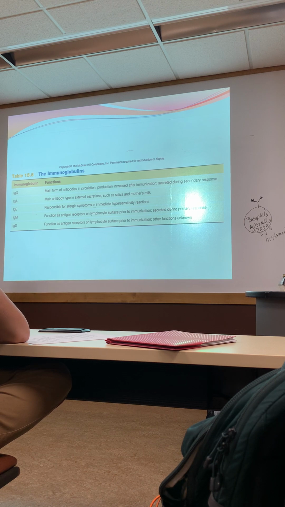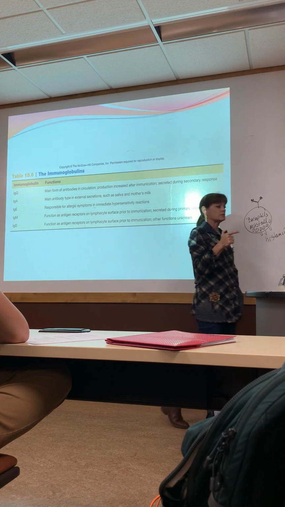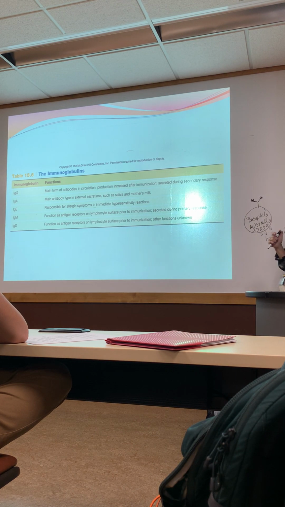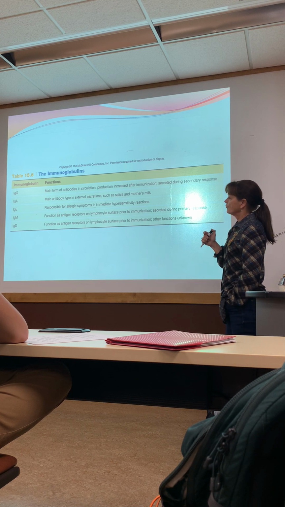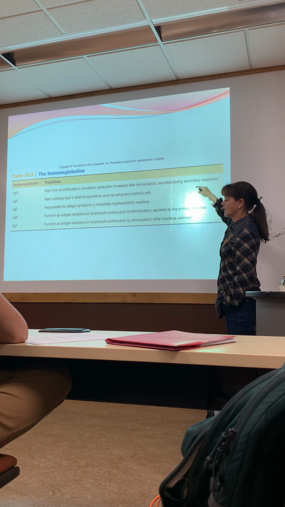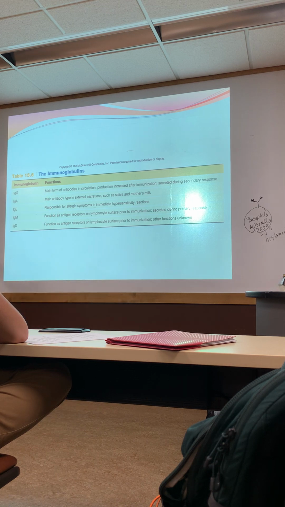IgMs are part of the primary response. In other words, when you first get sick from something, you make IgM type antibodies. The ones that are going to hang out for later exposure are the IgGs. IgMs are interesting in that they're very large. They all kind of come together like a big snowflake.